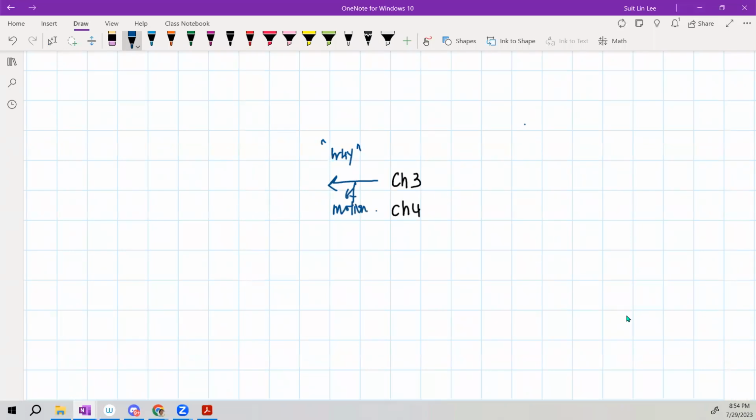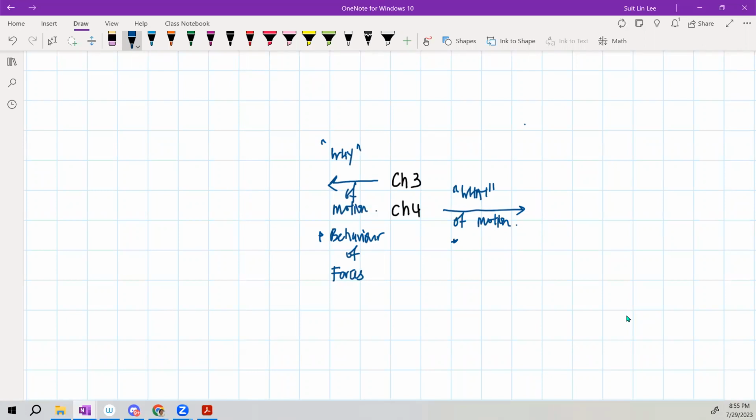So we want to be able to understand the behavior of forces. Think about it as a rule to decide when does force exist and how does it exist. Okay, and then later in chapter 4, we are going to look at the what of motion.